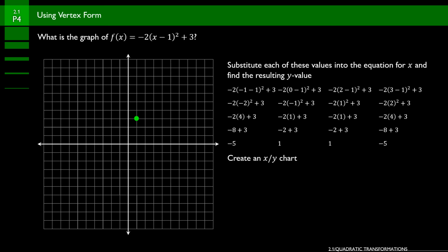When we plug those values in, negative 1 gives us negative 5, 0 gives us 1, 2 gives us 1, and 3 gives us negative 5.